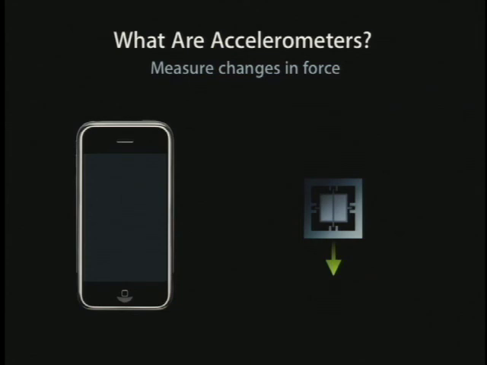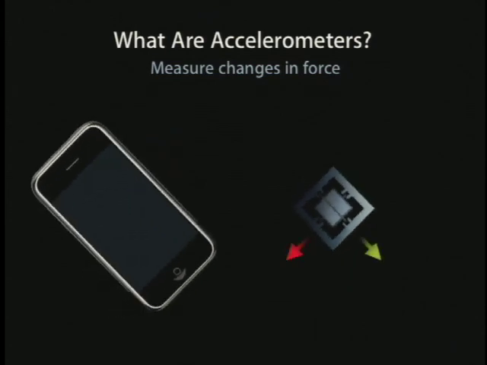If the user then turns their device to the side a little bit, that's going to change. Now there's going to be acceleration in two directions. There's a device in the phone that is measuring this acceleration, so as you're tilting the phone, it figures out the new acceleration and what direction you're pointing in.